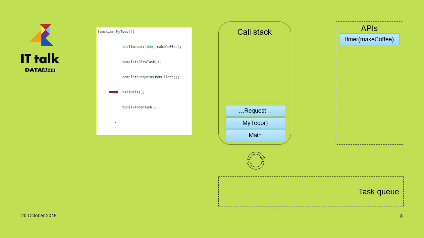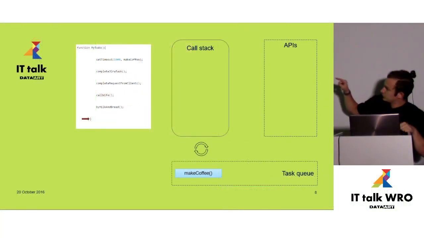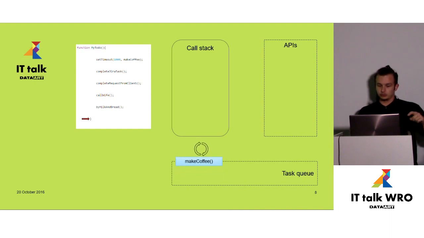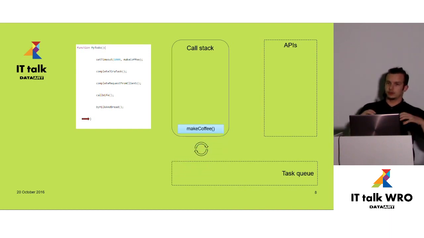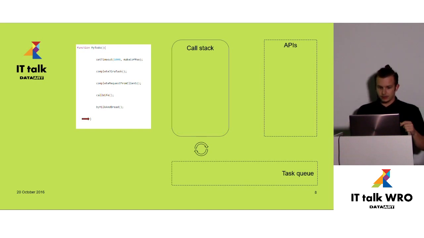Jira request from client, call wife, buy milk and bread, and then when we are done here, and the timer already executed this 1 second, it goes to the task queue. Then when the call stack is clear, the event loop can move one task from the task queue to the call stack, and it's executed. And we're done.